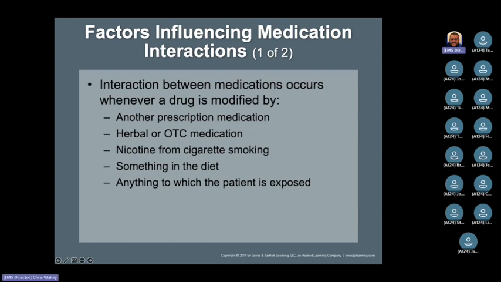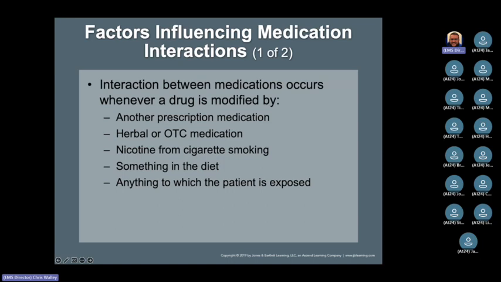There are many variables that influence medication interactions, but it's very important for us to know how medications affect patients and other medications that were previously administered. An interaction between medications occurs whenever the action of a drug on the body is modified by another chemical substance.